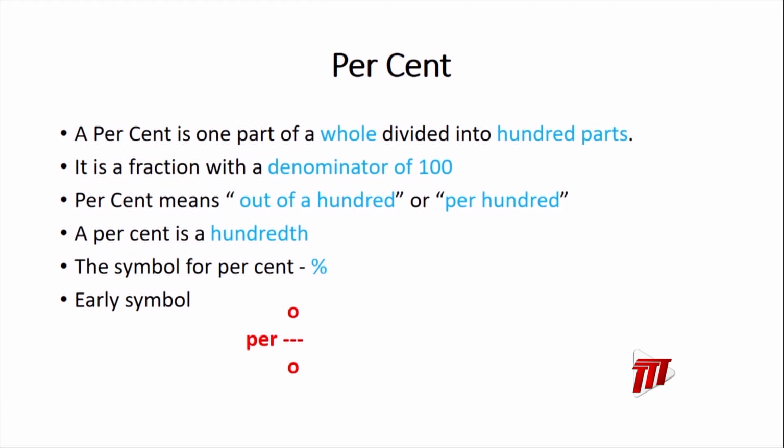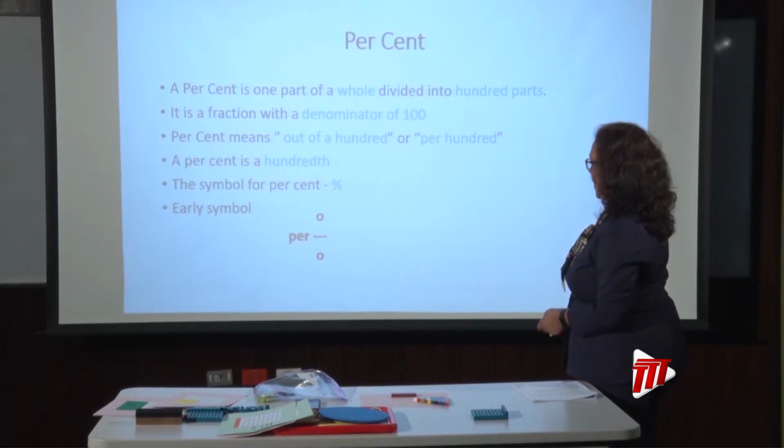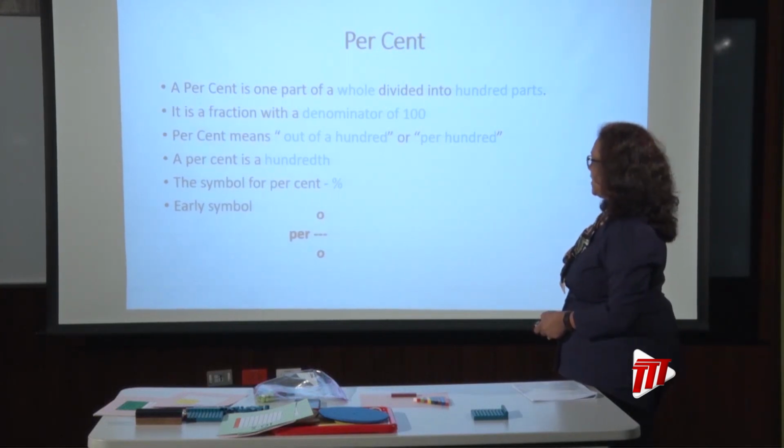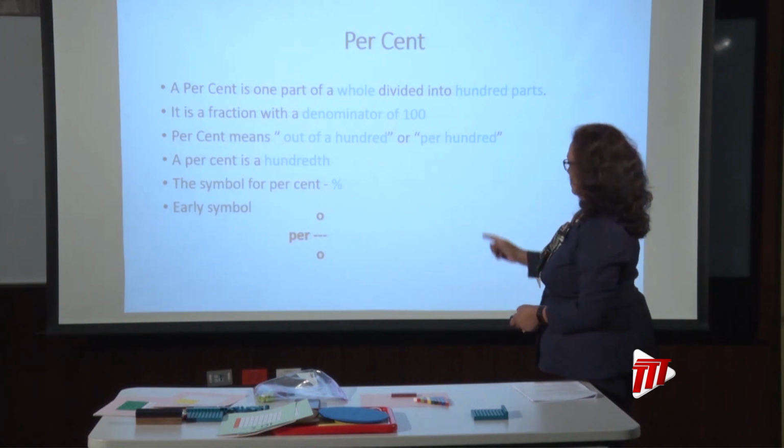And eventually, this symbol was changed to this one, where this was removed and a slash replaced the dotted line in the middle. So when you have the time, you can research and you can find out more about the symbol for percent and how it was used way back in the 17th century. It's very interesting.